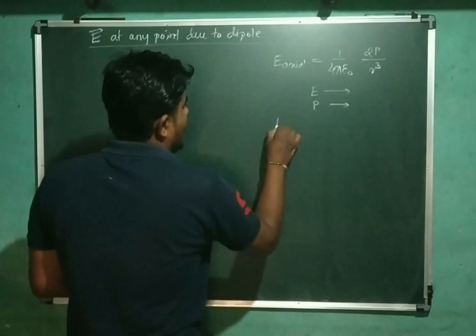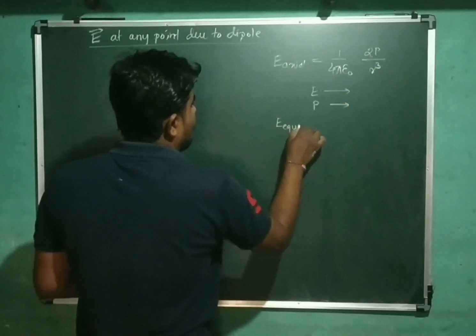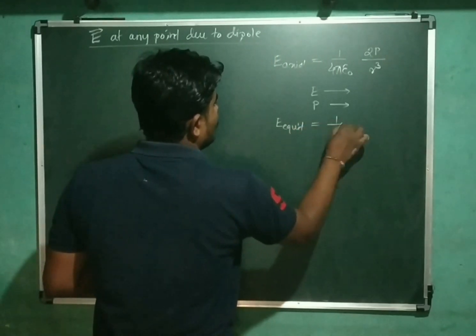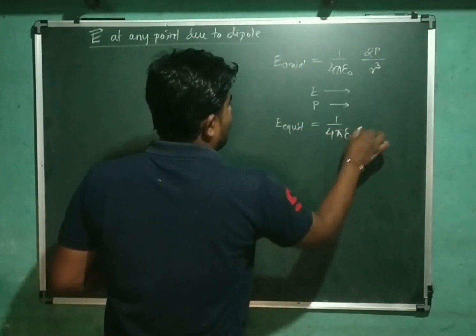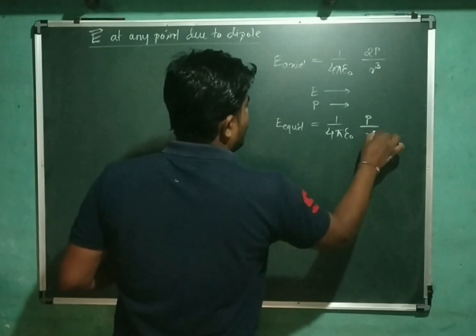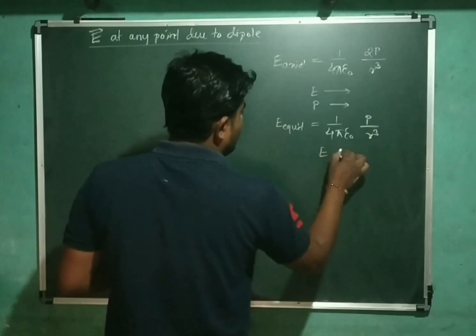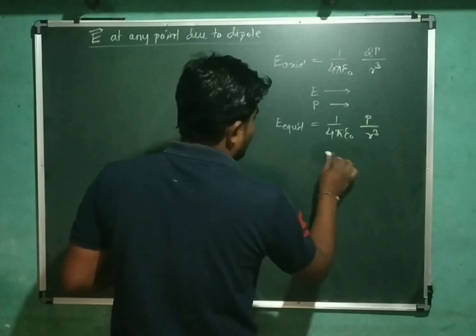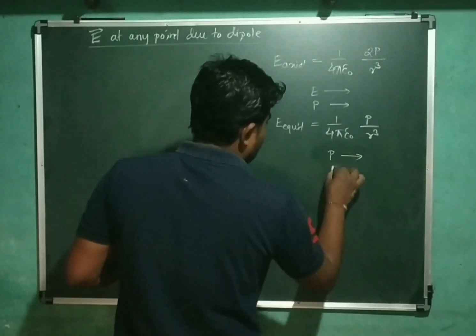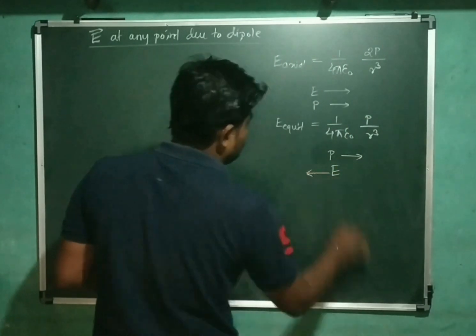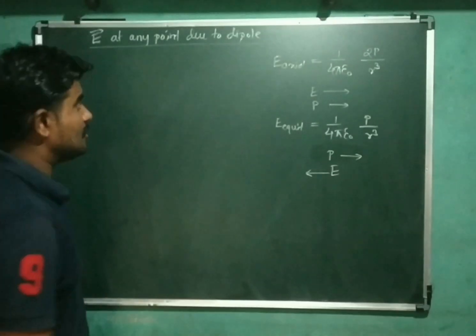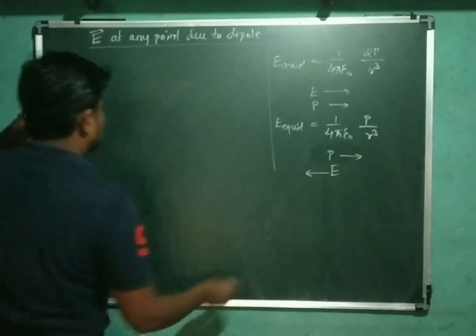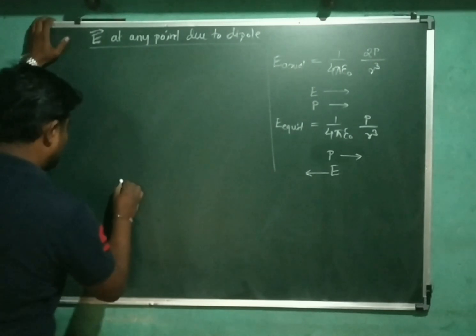And in case of equatorial line, it is 1 divided by 4 pi epsilon naught p divided by r cube. In this case, the electric field and the dipole moment were opposite to each other. P was in this direction, E was in this direction. We have calculated these two, and now we shall start general case.